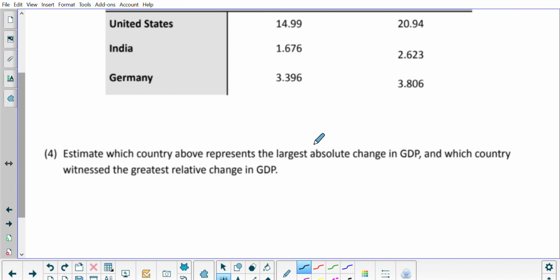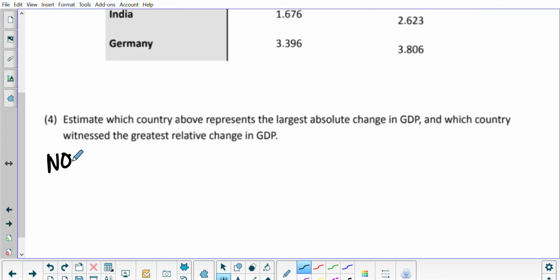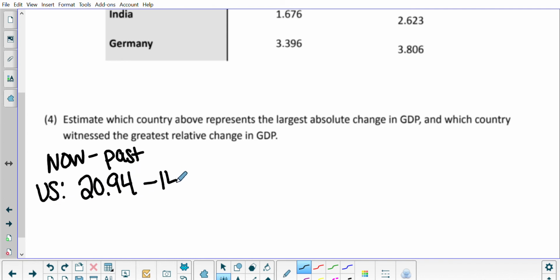Okay, so again, remember, when we do absolute change, we take that now minus past, okay? So for US, it was 20.94 minus 14.99, so that was, I believe, 5.95 trillion, okay?